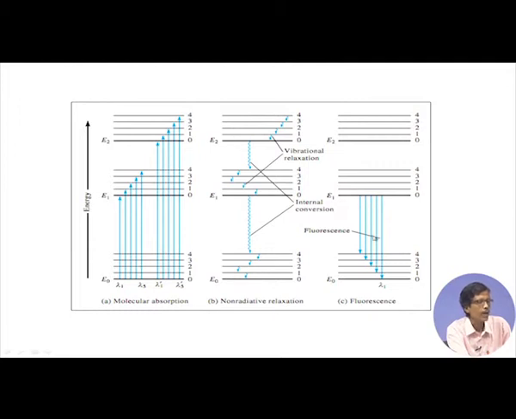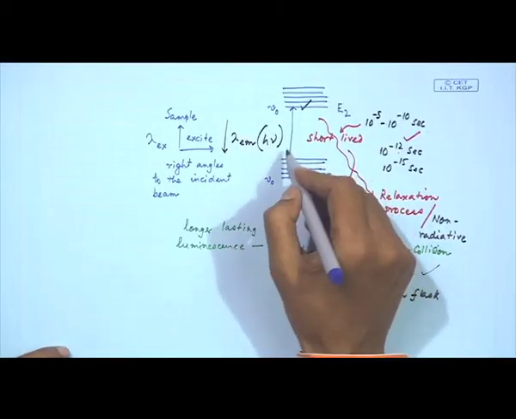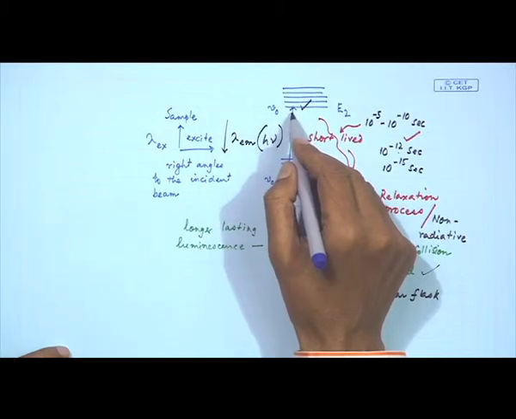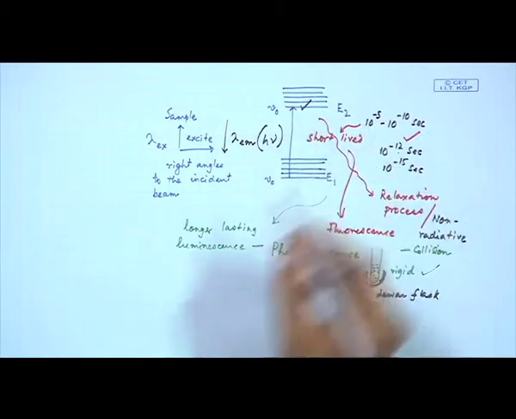Then if they are allowed to emit radiation to any of the levels of the E0 state, that means it can emit radiation to the V4 level, the V3 level, the V1 level or the V0 level, what we get is the corresponding species giving you the fluorescence spectrum. So, we get the fluorescence spectrum, and for this excitation we have the corresponding excitation spectra.